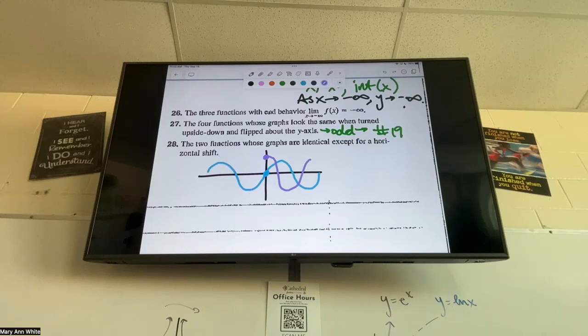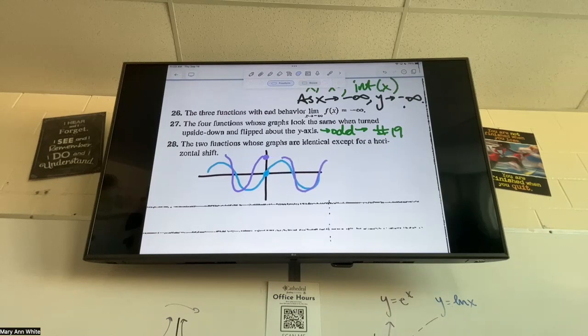I did that a little wrong. Sorry, it looks funny, but if I were to take this part of the line and shift it over, it should be the exact same thing as my sine.